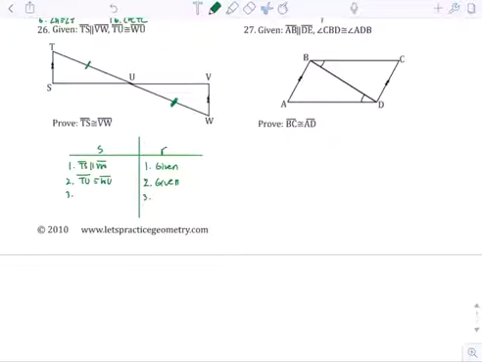So with the parallel lines, we can say that this angle is congruent to this one because that's two parallel lines cut by a transversal. So that is going to be angle STU is congruent to angle VWU by alternate interior angles are congruent.